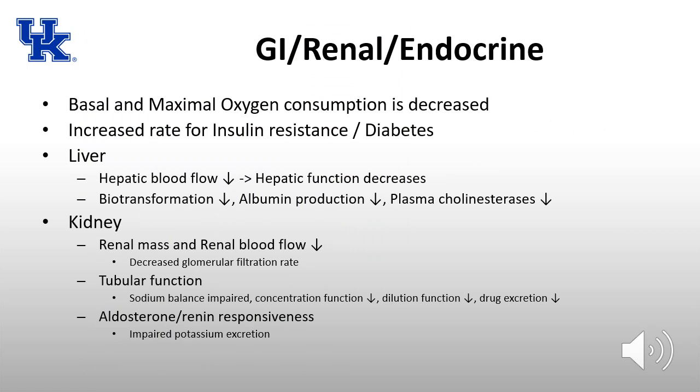So how about other areas? Gastrointestinal, renal, and endocrine systems are also affected by age. Overall, the basal and maximum oxygen consumption is decreased as we are getting older. There's a higher rate of insulin resistance and therefore diabetes.